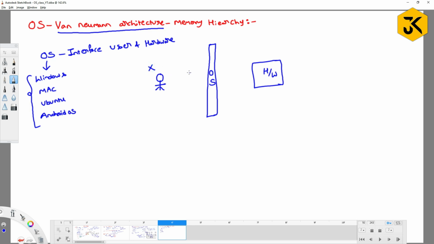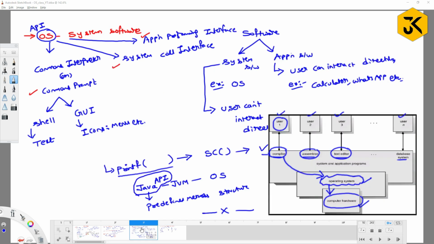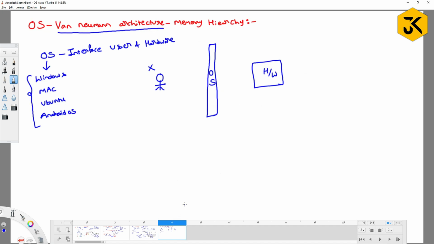But if you want to interact with the operating system, in the last video I explained how we can interact with the operating system with the help of a command prompt, with the help of a system call interface, or with the help of an application programming interface. But we cannot interact directly. So here we have a layer. User can interact with this layer directly.